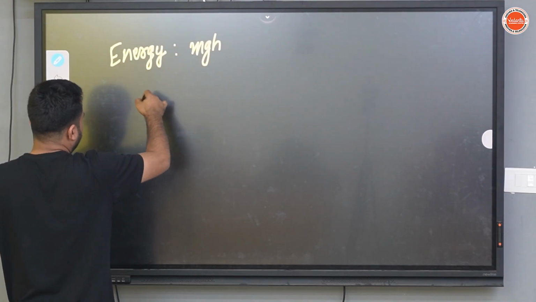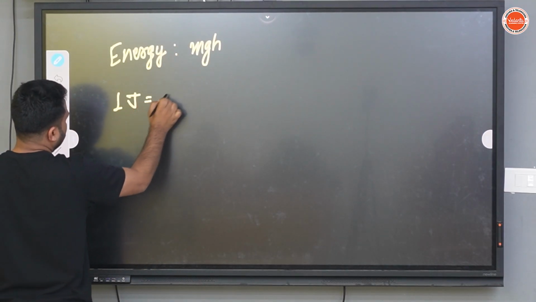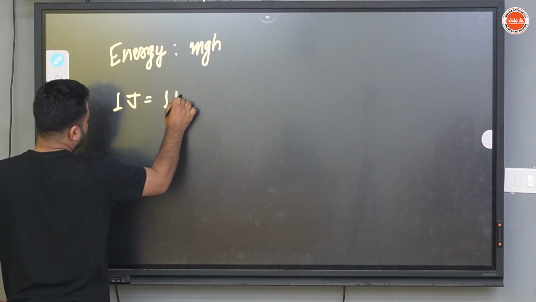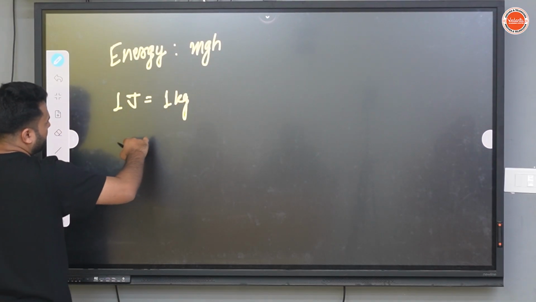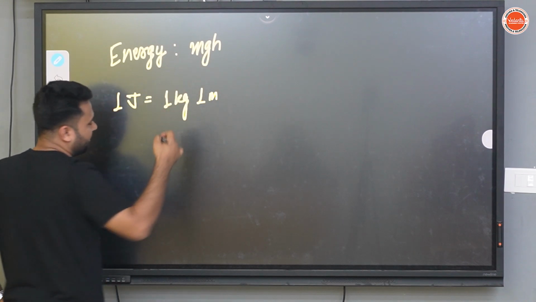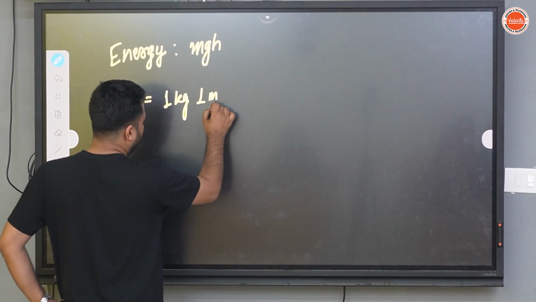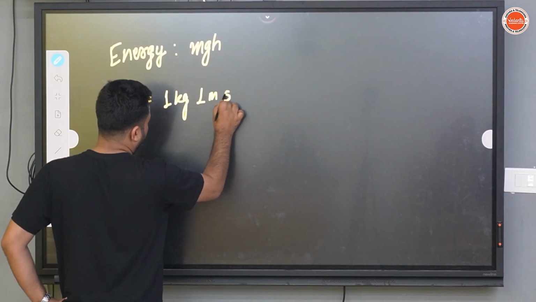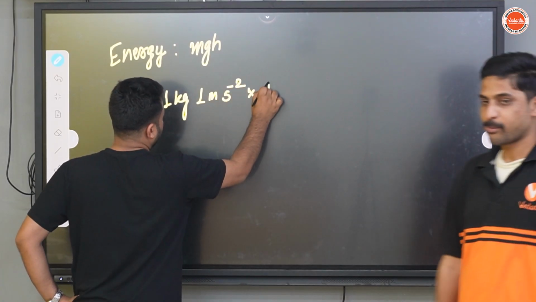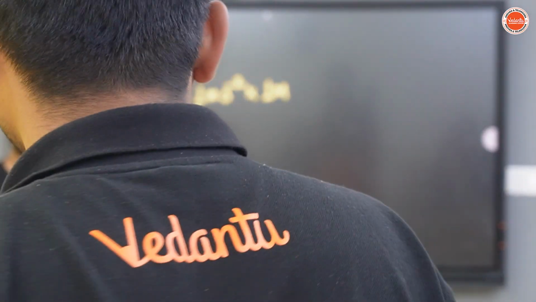So can I write 1 joule equals to 1 kg mass, g, so 1 meter, g is what? Acceleration due to gravity, na? So 1 meter per second square into 1 meter. Correct?